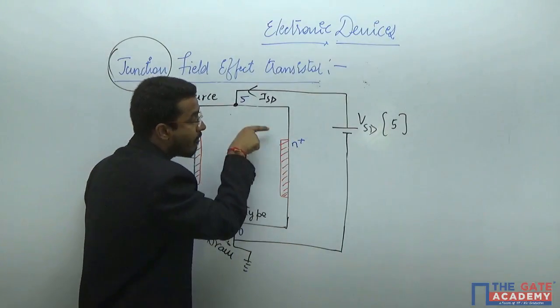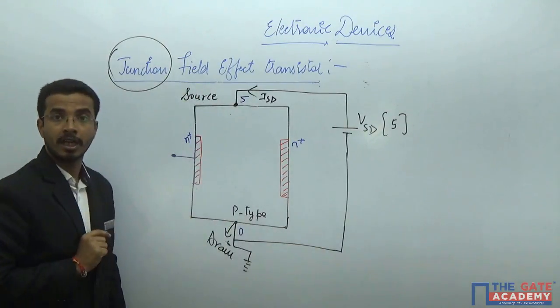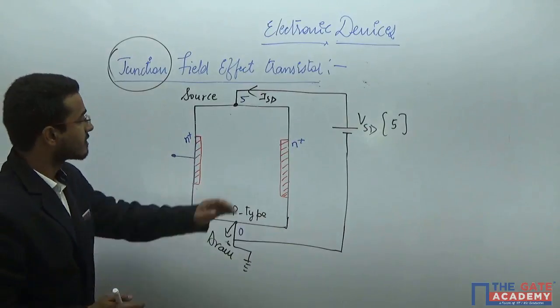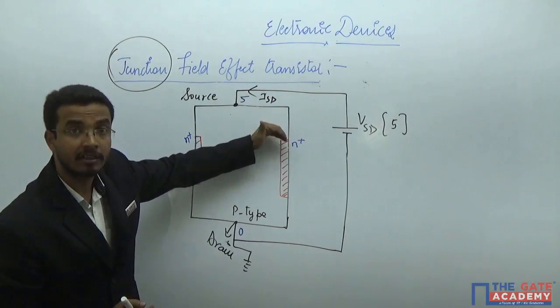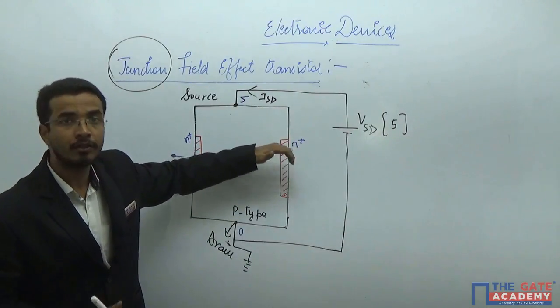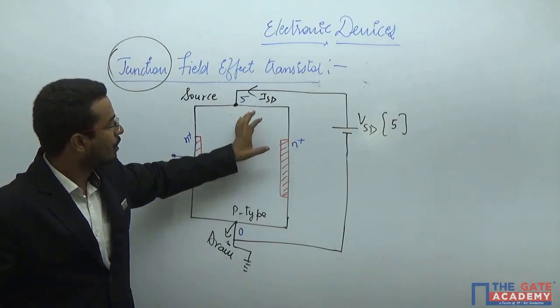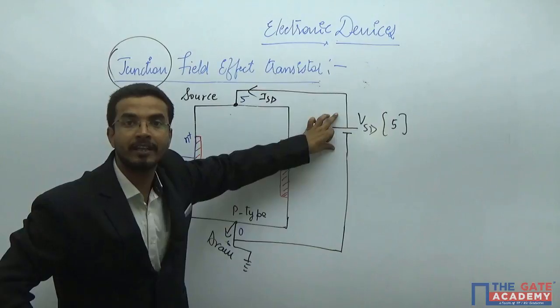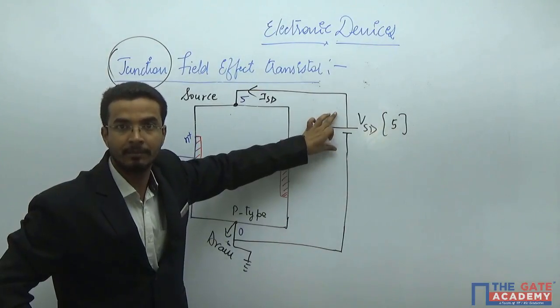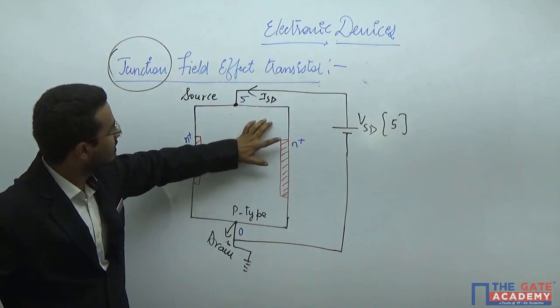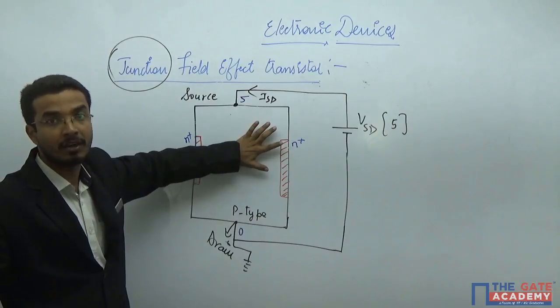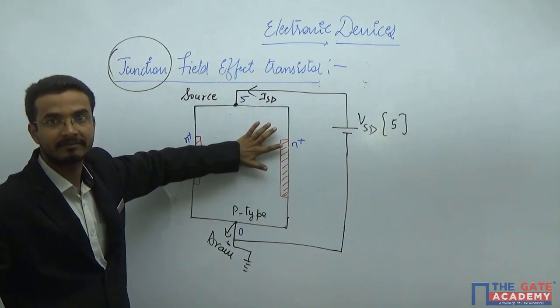That means you get forward biasing of this particular diode, and some current will go inside this junction. You never want this type of characteristic in the device. So this polarity you cannot apply, because whenever this happens, you are compromising your device.